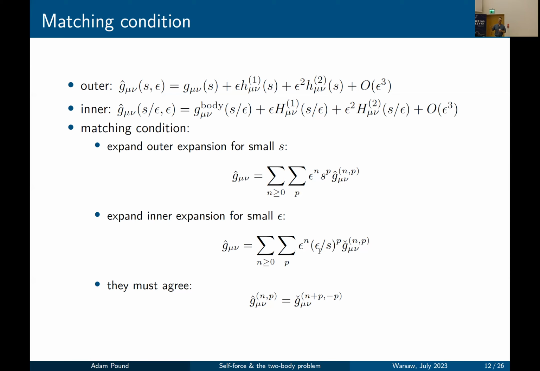But you can intuitively think of it as, yeah, we're re-expanding everything in this buffer region, and we have some accuracy there, so the two things should agree. You can also, rather than imposing a matching condition like this, impose certain smoothness conditions on the metric as a function of coordinates and epsilon. But this is a much weaker assumption than smoothness conditions.